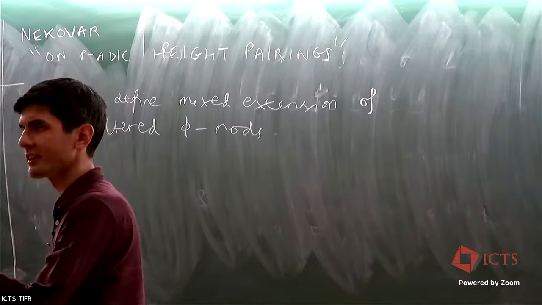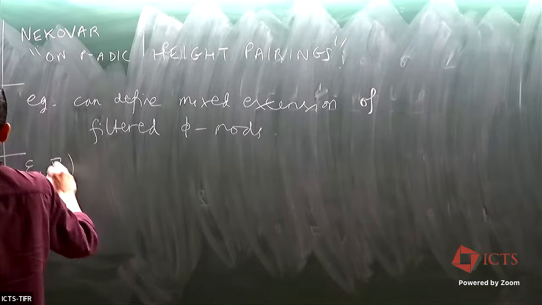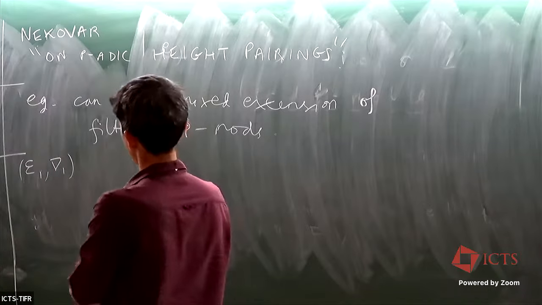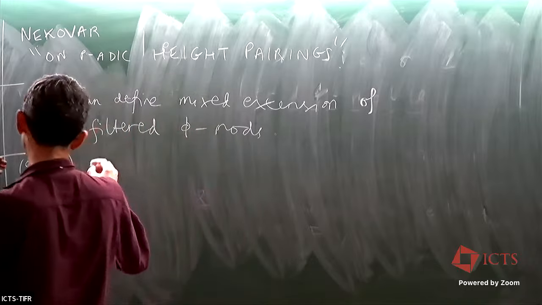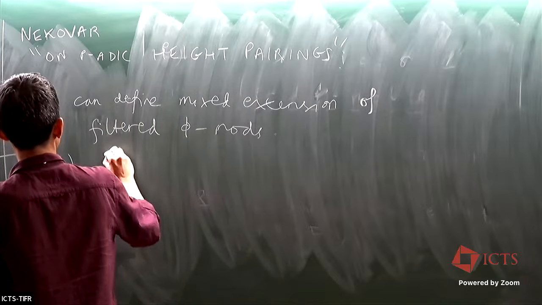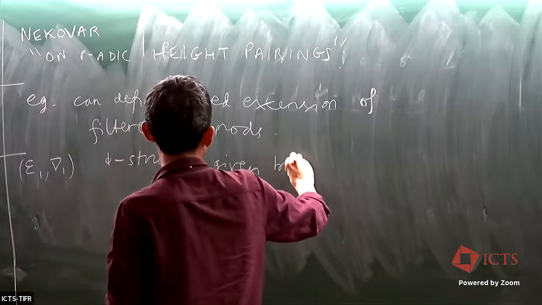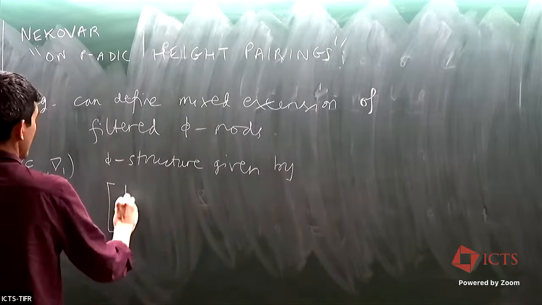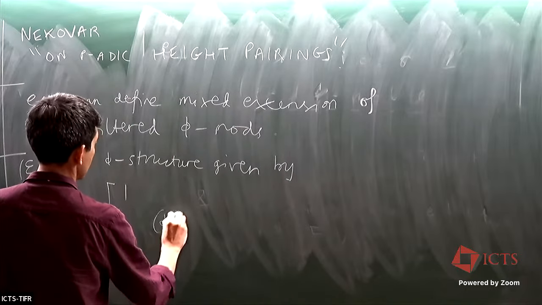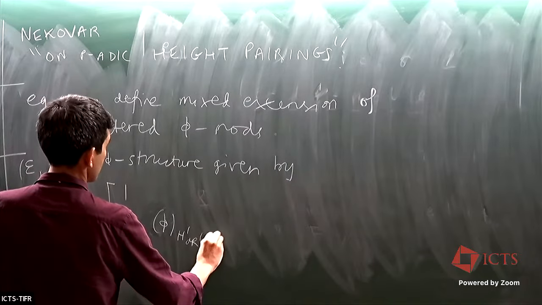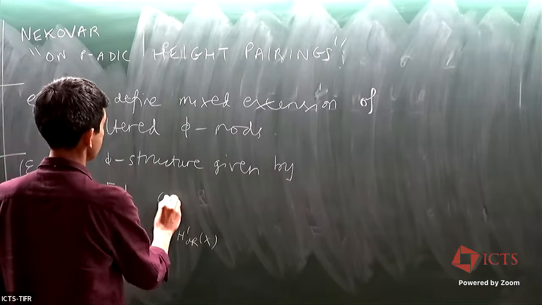So remember this connection E1, nabla 1. This had a Frobenius structure. If you remember that Frobenius structure, or rather its inverse, it was given by this block matrix, which was 1, the matrix describing Frobenius acting on de Rham cohomology, and something which was varying with the point, but this was constant.